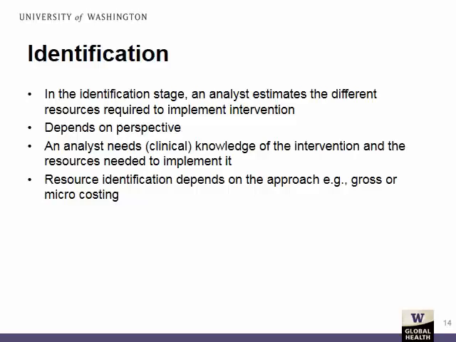So let's look at step one of doing cost estimation, and this step is identification. In the identification stage, an analyst estimates the different resources required, and that estimation depends on the perspective. Like we said, there is the societal perspective, and maybe you have a payer, and in many countries the payer is the Ministry of Health. So that is the one that guides your identification stage.